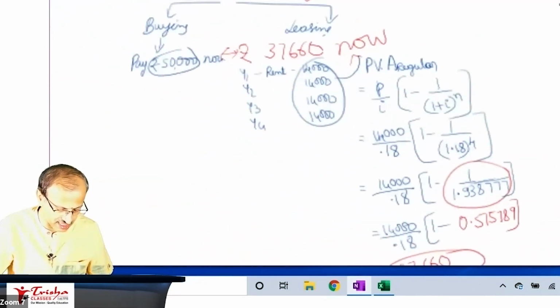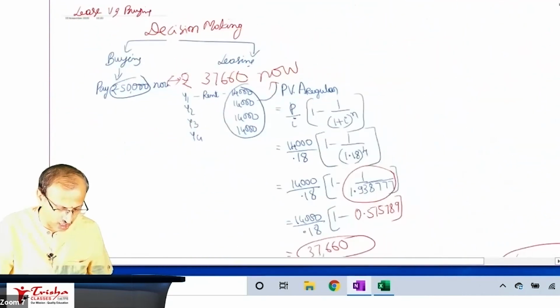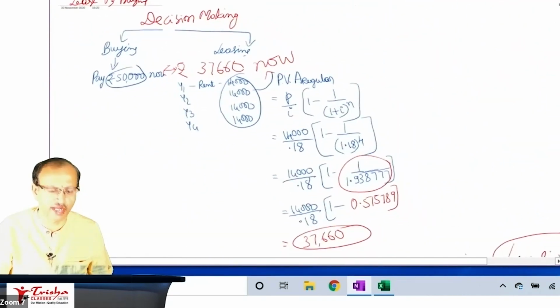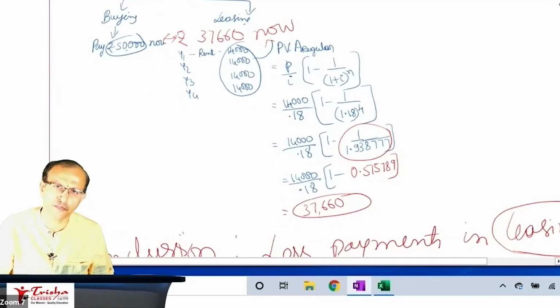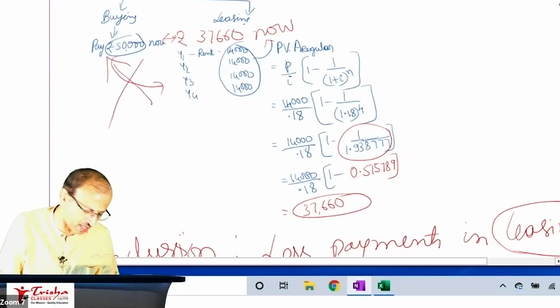I repeat my discussion once again. It is a comparison of buying versus leasing. In buying you have to pay 50,000 now, whereas in leasing you have to pay 14,000 for the next 4 years. Here to here, no comparison, wrong comparison.